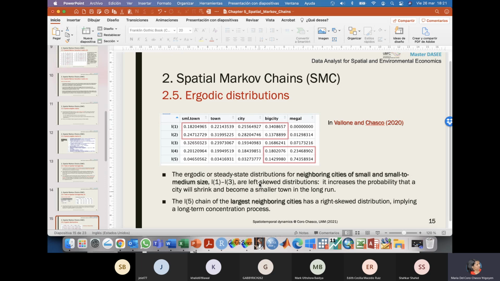The information that it gives us is that you have a higher probability that a city will shrink and become a smaller town in the long run. Not a megalopolis, no, but a city, even a small city, but particularly a city or a town, if they are surrounded by smaller enclaves as neighbors, the probability is of losing more population in the very future, because this is in the long run.